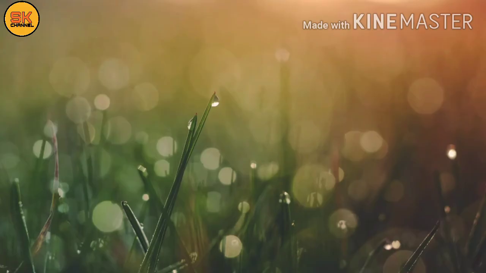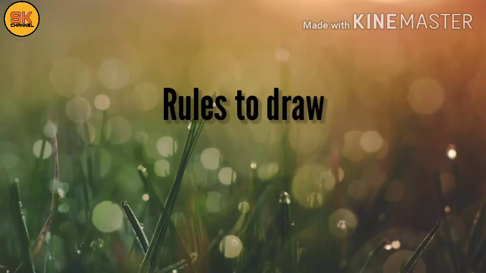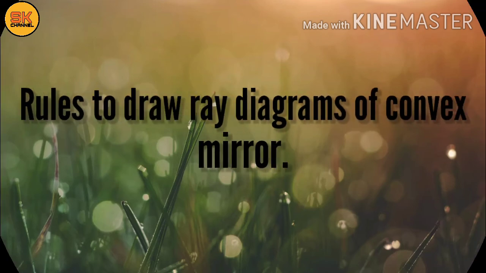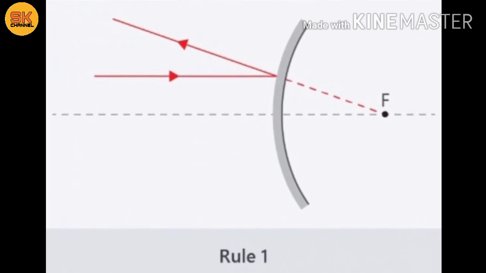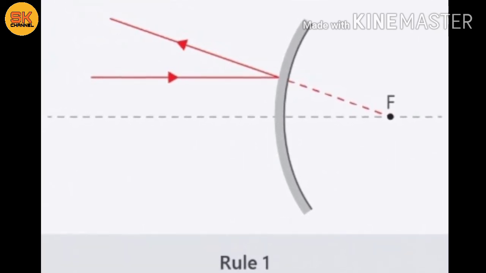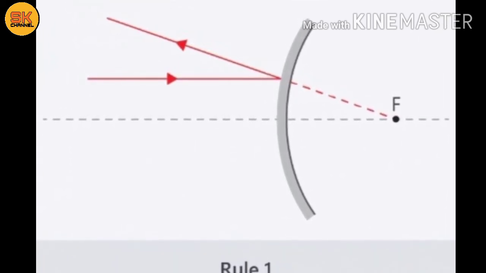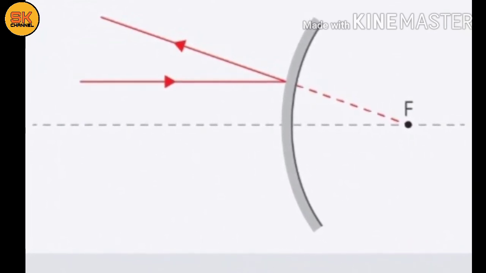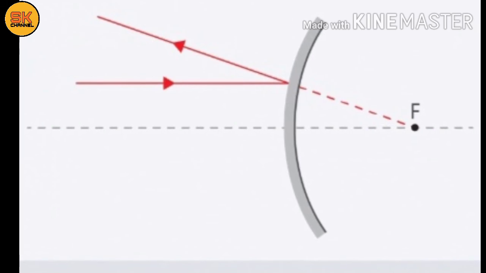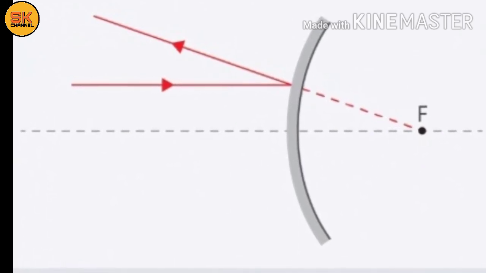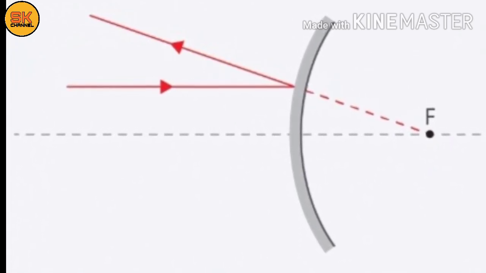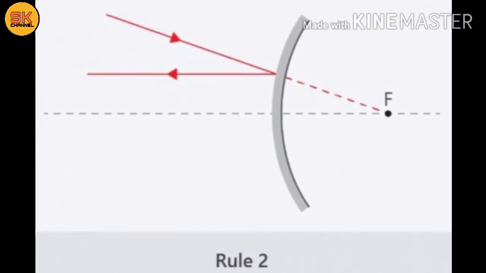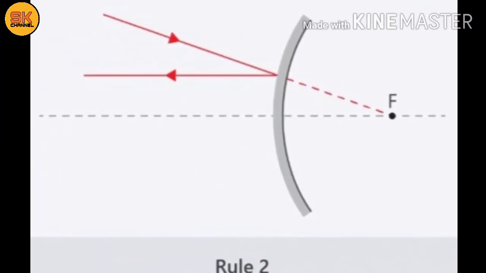Now let's discuss about rules to draw the ray diagrams for a convex mirror. Rule 1. A ray coming parallel to the principal axis on meeting the convex mirror will get reflected so as to appear as if it is coming from the focal point. Rule 2. This is the converse of Rule 1.